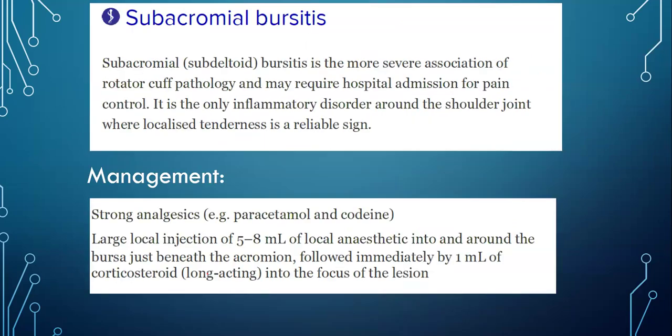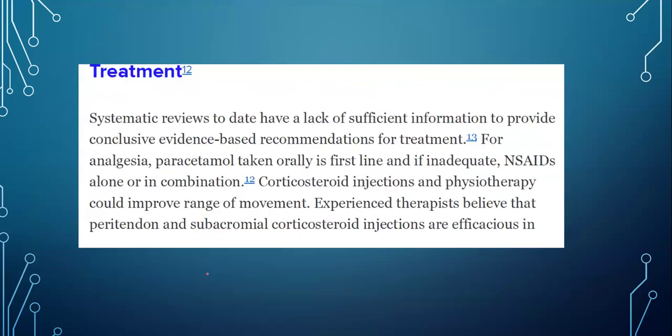So you should think of supraspinatus tendinopathy, especially if the patient is unable to do shoulder abduction. Okay. So once you confirm the diagnosis, the treatment will be for supraspinatus tendinopathy. You can start with paracetamol as first line.